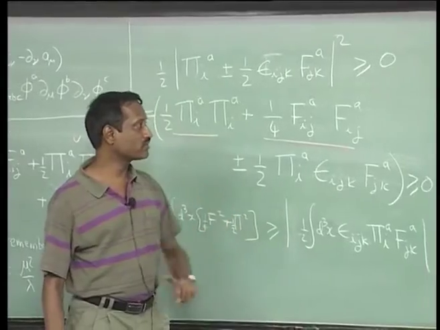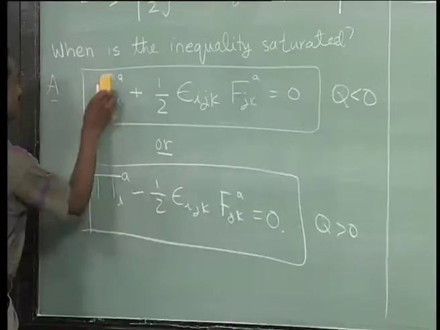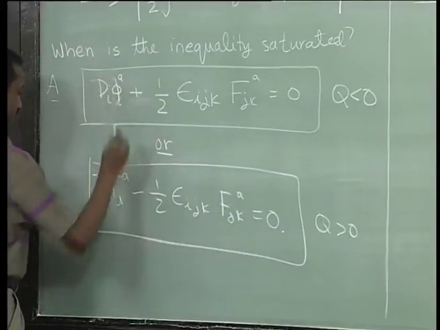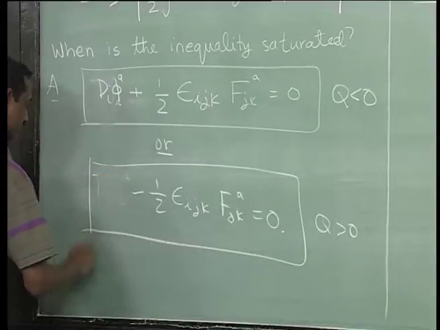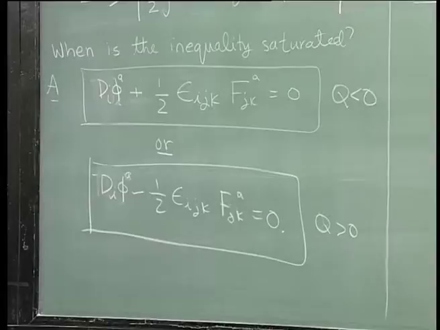Okay. But now comes the neat thing: these are first order equations, because pi_i is nothing but D_i of phi_a, and these are first order equations.